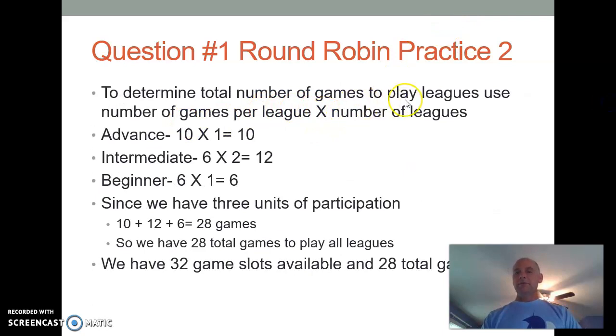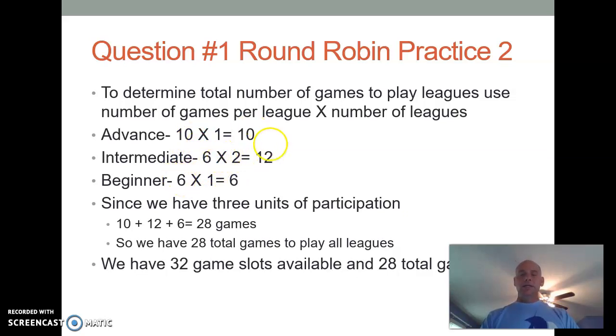To determine the total number of games to play in the league, use the number of games per league times the number of leagues. So 10 times 1, there's only 1 advanced league, equals 10. We saw that earlier, we had 6 total games for each individual league.